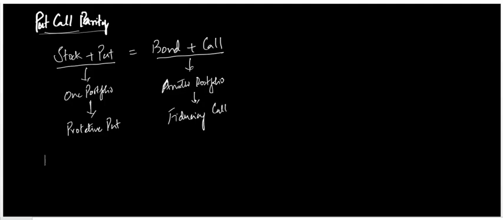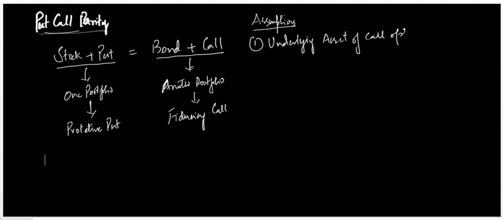Now let me explain this put call parity, and before going into the understanding of it, let us draw some assumptions on which this put call parity is based. The first assumption: the underlying asset of the call option is the same as that of the put option.